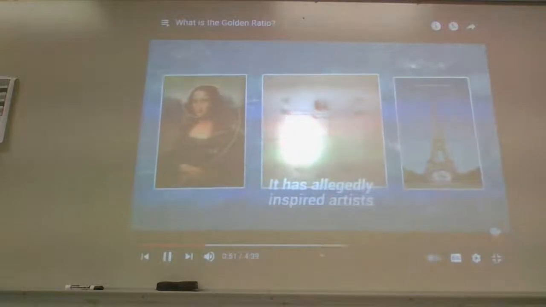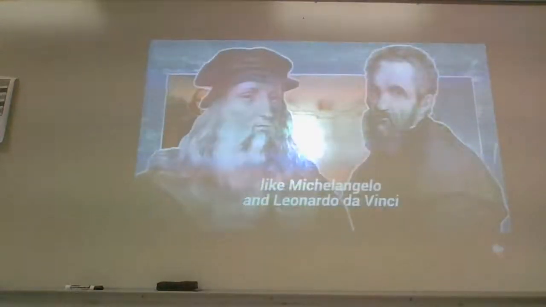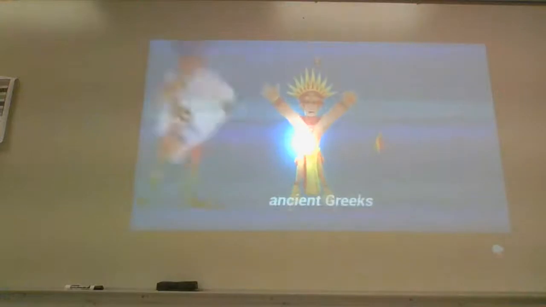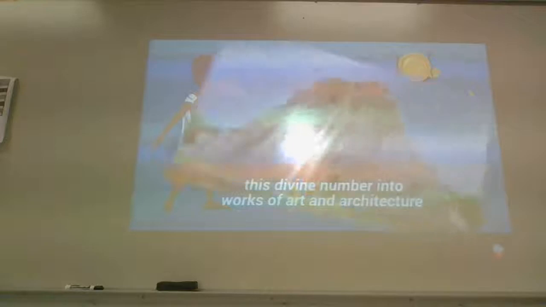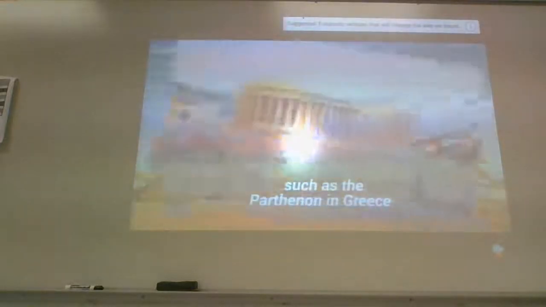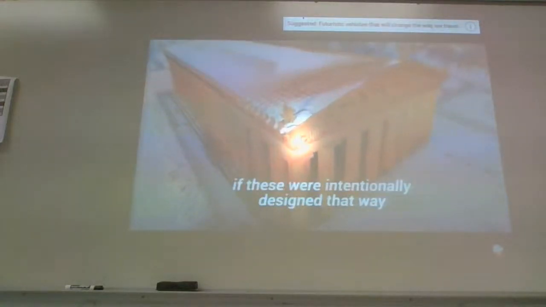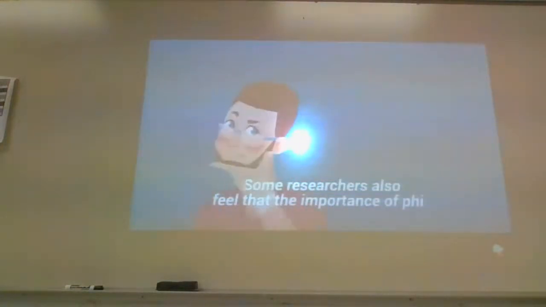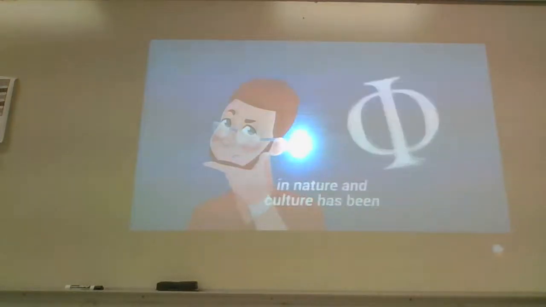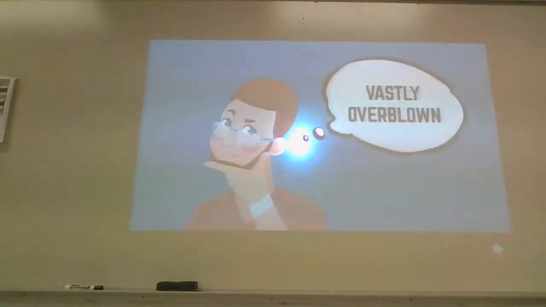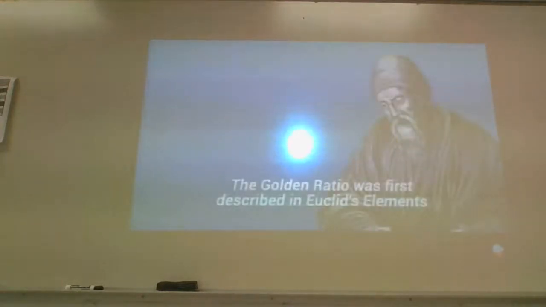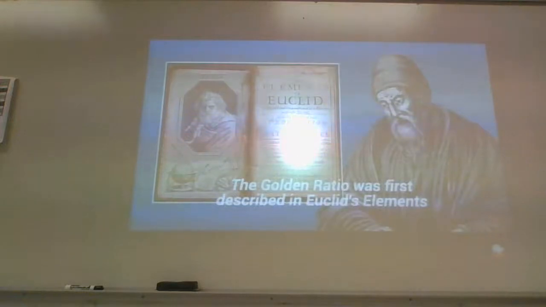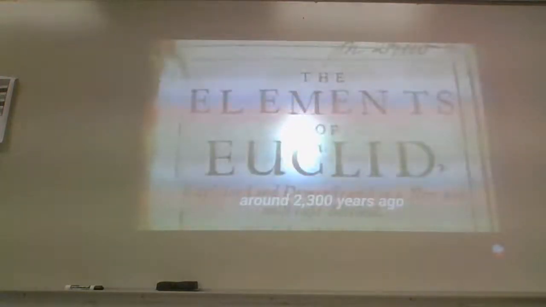Of art. It has allegedly inspired artists like Michelangelo and Leonardo da Vinci. The Mayans, ancient Greeks, and Egyptians are all said to have incorporated this divine number into works of art and architecture, such as the Parthenon in Greece, although it is not really known if these were intentionally designed that way. Some researchers also feel that the importance of phi in nature and culture has been vastly overblown. So what is the golden ratio? The golden ratio was first described in Euclid's Elements around 2300 years ago.